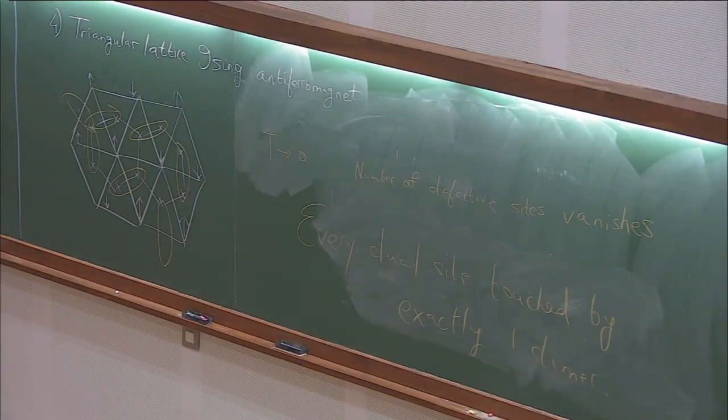And this argument also works for, so supposing you put this triangular lattice, the original magnet, on a torus. Let me draw this better. So let's say I took my triangular lattice and put it on a torus, so that I identified this with this and that with that, right?